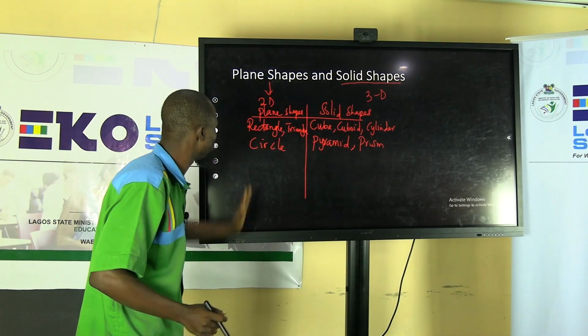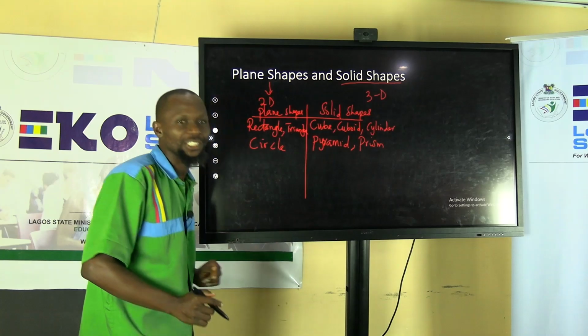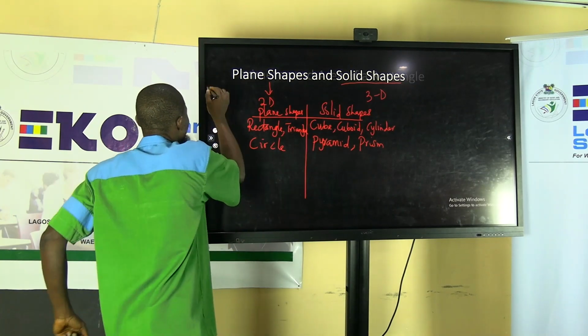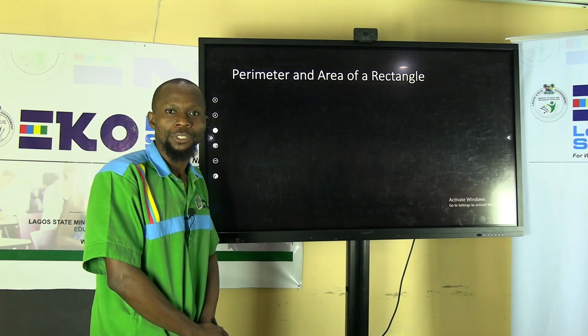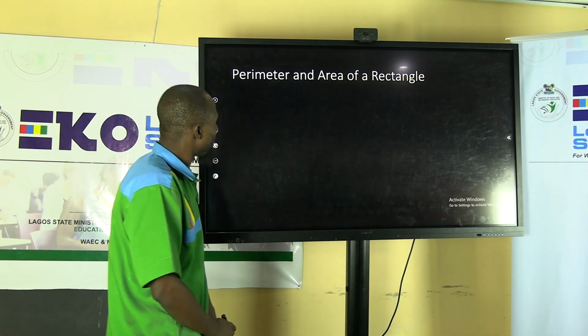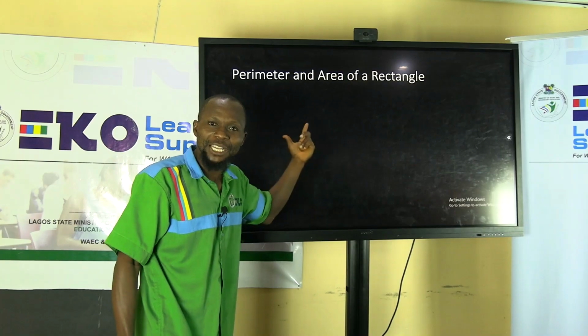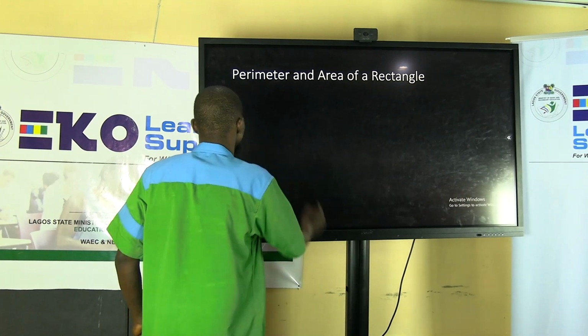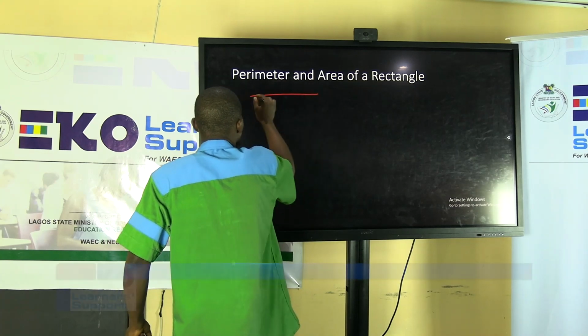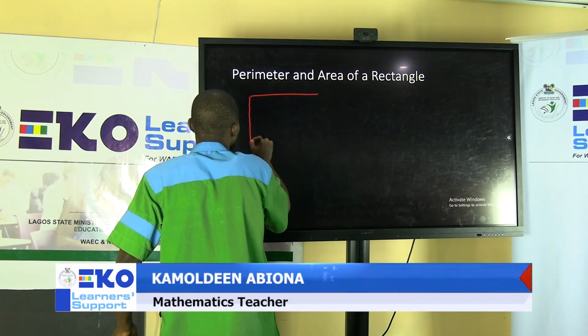But for this, we want to look at plane shape. Alright? So perimeter and area of a rectangle. Yes. Perimeter and area of a rectangle. Rectangle is an example of a plane shape. Yes. And if you have to draw it, this is just a simple rectangle.